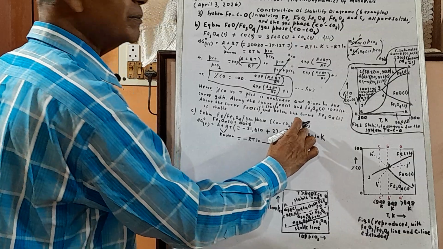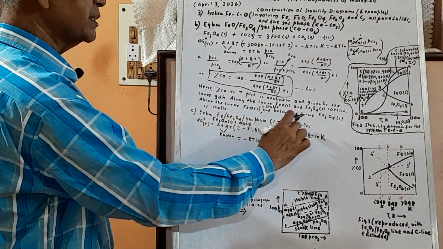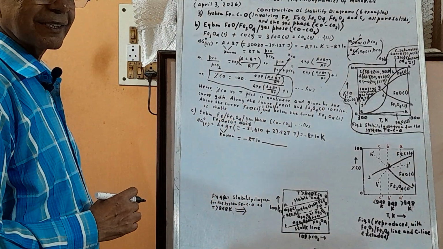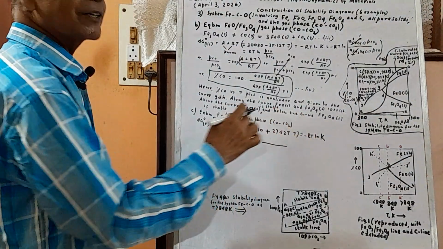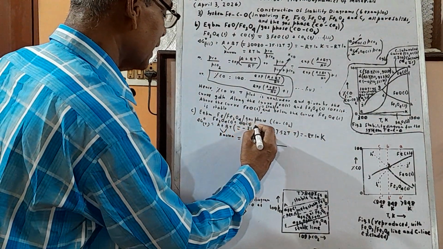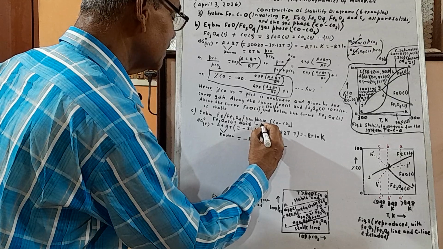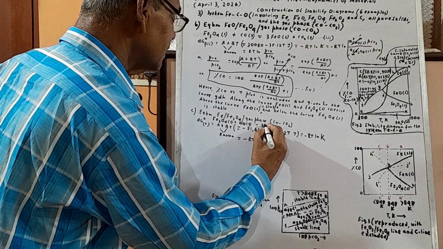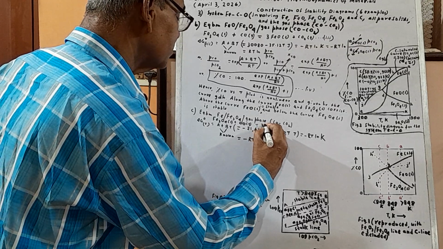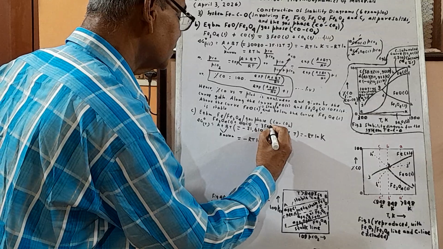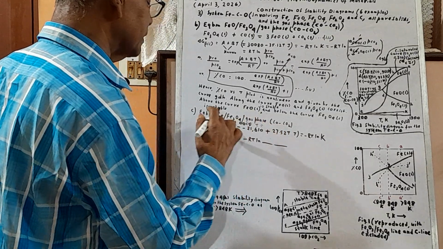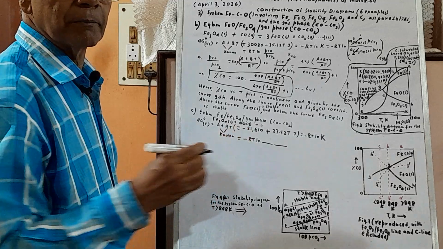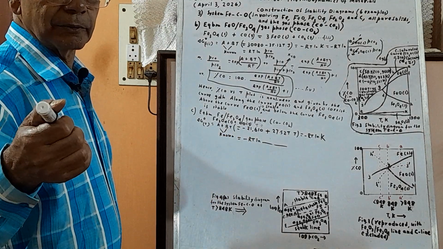Oh, this is not 5, this is the subtitle. This is going to be 5. Plus CO gas goes to 3 FeO... oh, this is not FeO, I am very sorry, this is Fe.